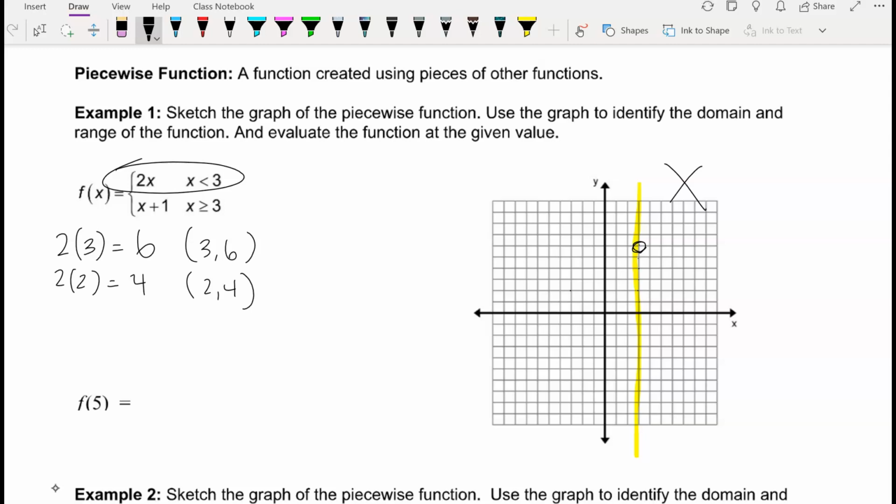Basically, it's going to go down 2 over 1, and then you can plot that point. So at 2, you should be at 4, or 1, 2.